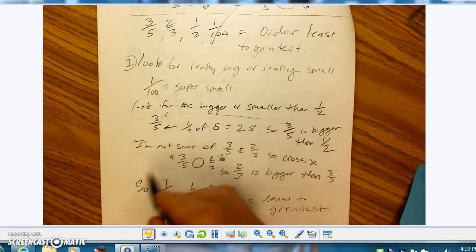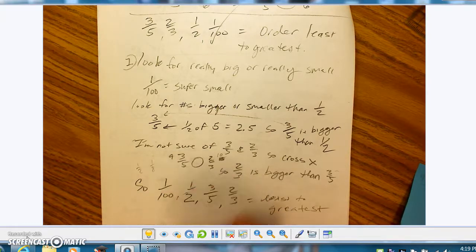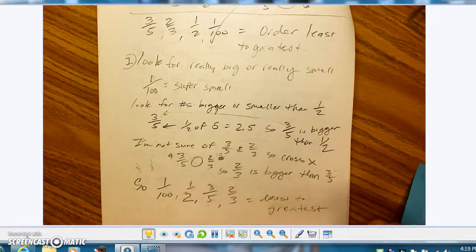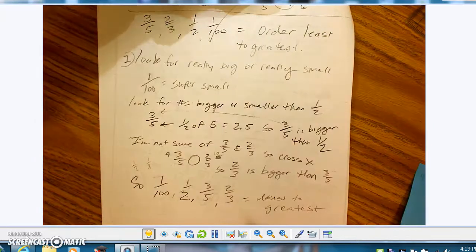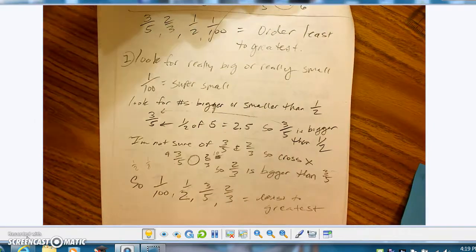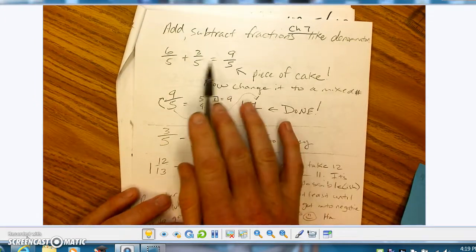Like, would you rather have half of a pizza, or would you rather have an eighth of a pizza? I'd rather have half of a pizza because my denominator is smaller. So anyway, if you didn't cross multiply those guys, that's just one other way to think about looking at your numerators and denominators.